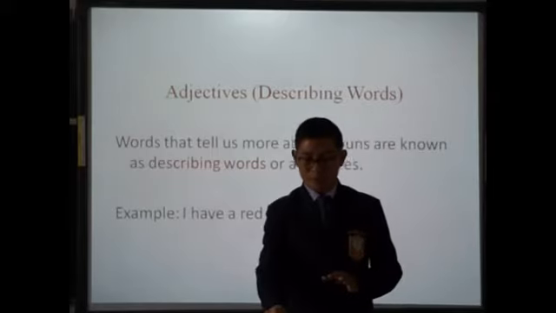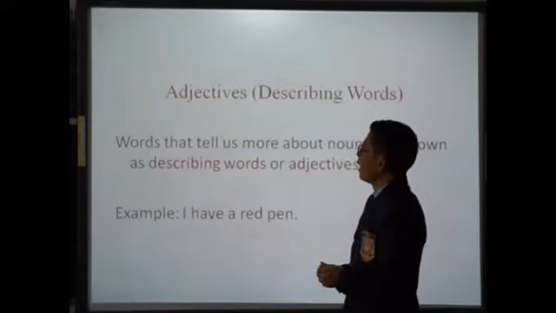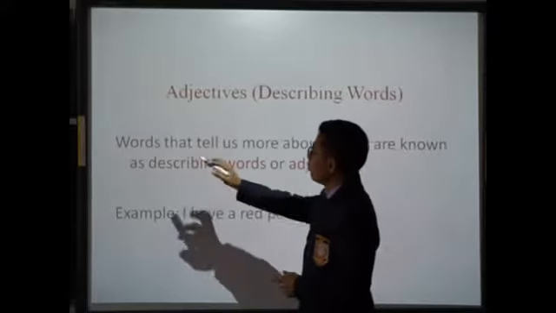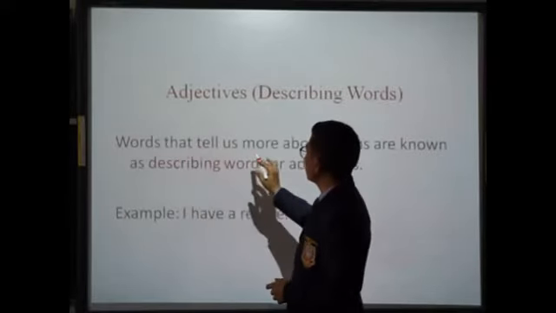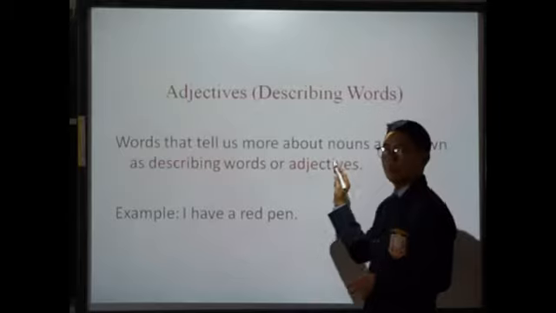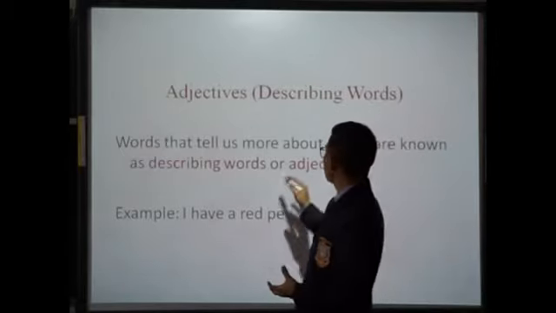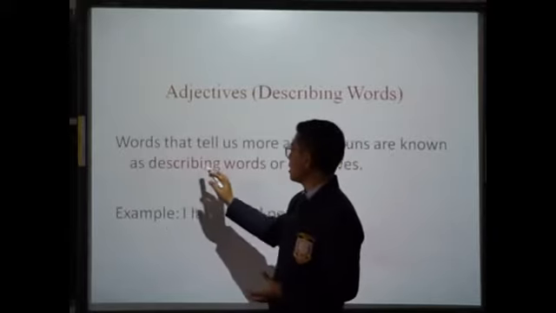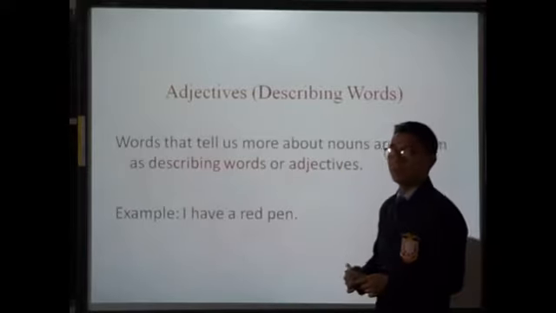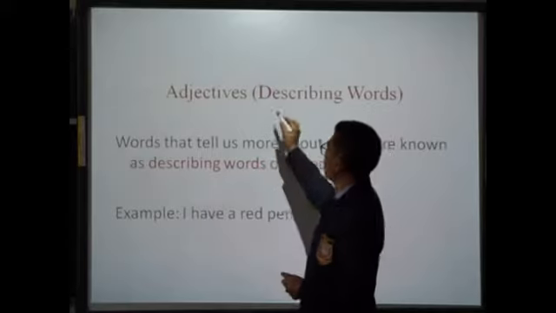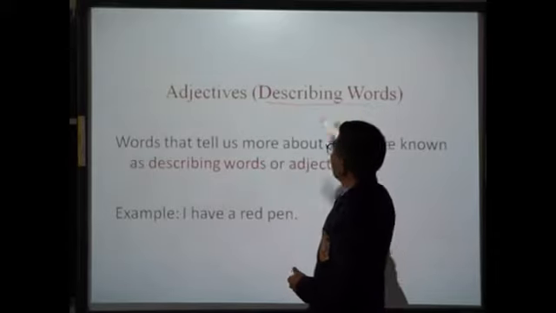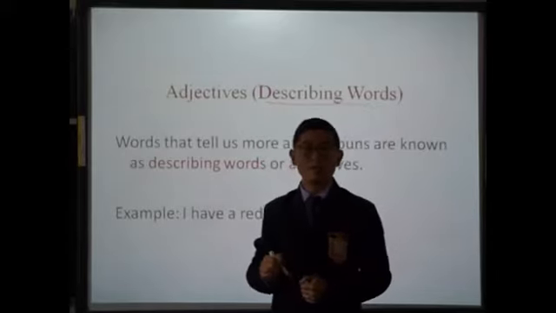We have also learned this in the previous classes. Adjectives are words that tell us more about nouns. The words that tell us more about nouns are known as describing words or adjectives. In simple words, adjectives are describing words.